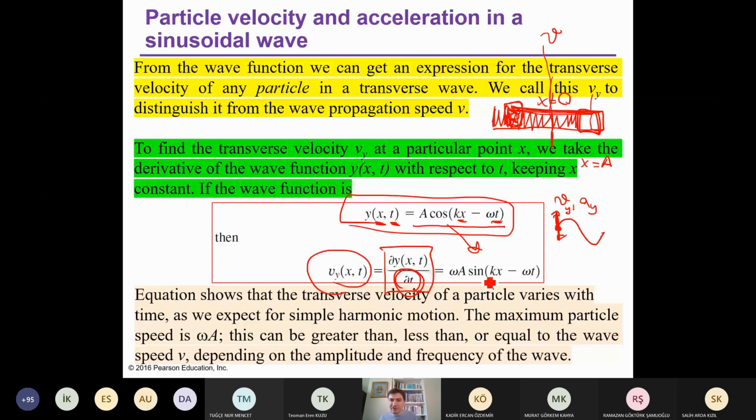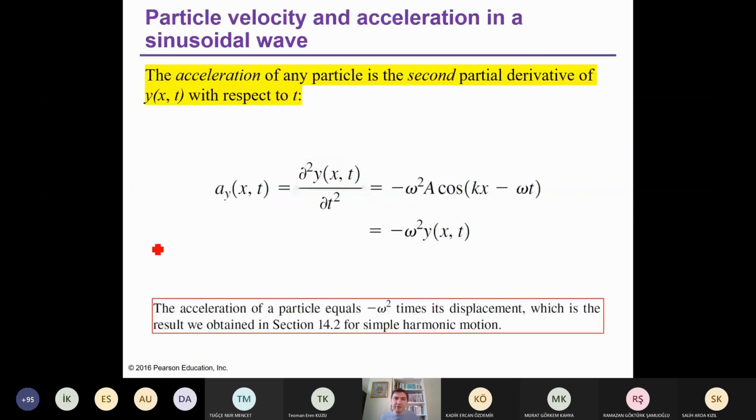So velocity changes with time, like the velocity of a mass attached to a spring changes with time. Same mechanism. If you would like to calculate the acceleration of any particle in this sinusoidal wave, then you have to take the second partial derivative of this y.